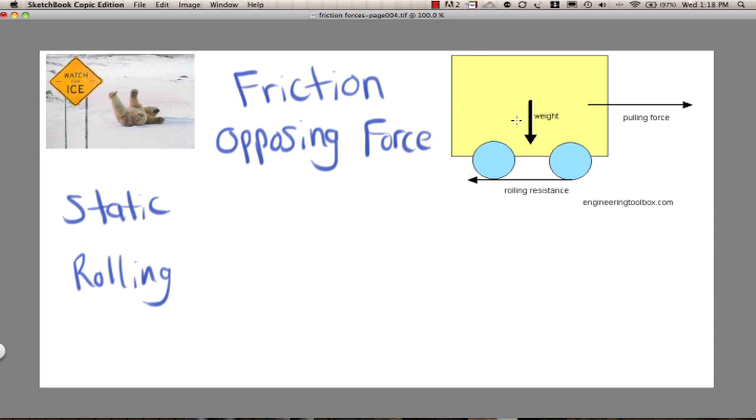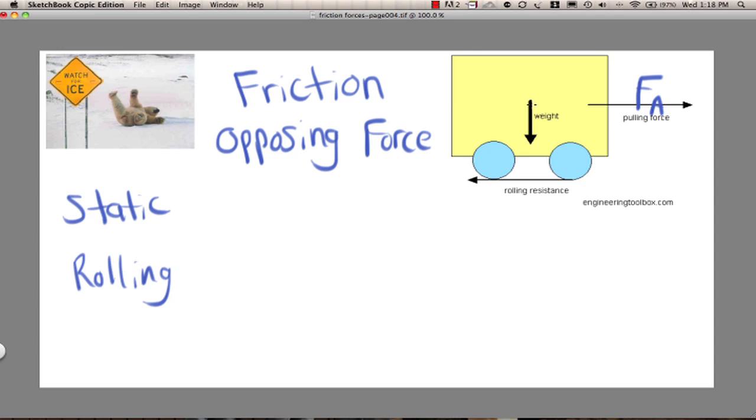I'd like to draw your attention to this picture here because this is really a free body diagram that we're going to get into more. So let's look at all the forces that are involved in pulling this little truck on wheels. The pulling force we're going to call the applied force.